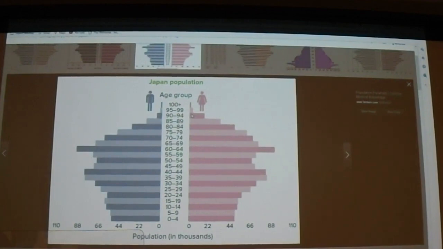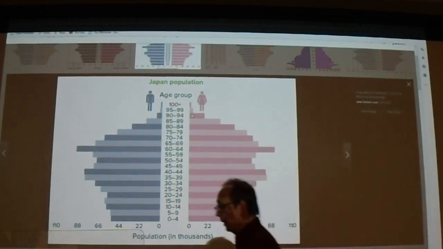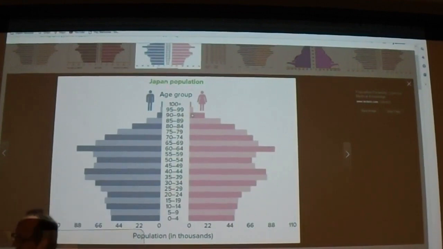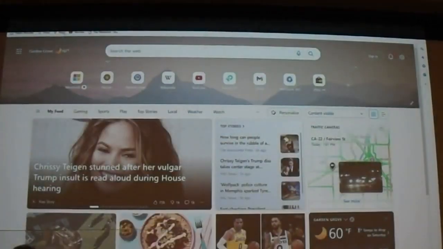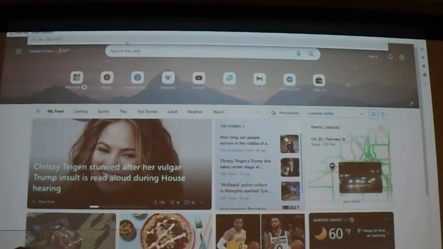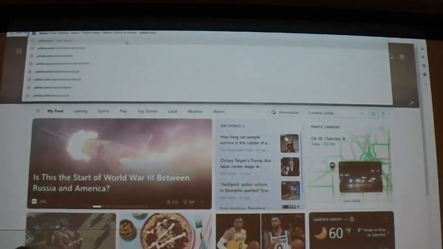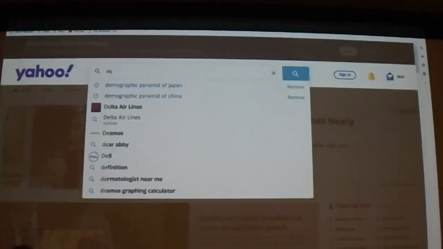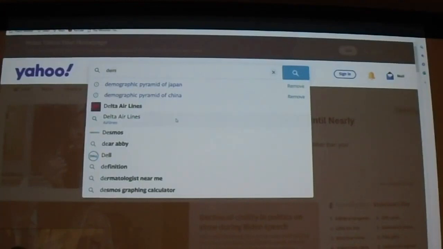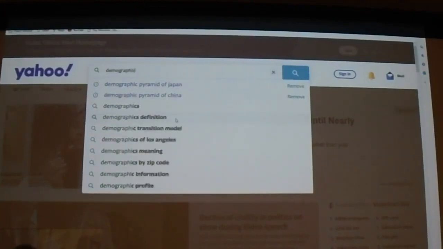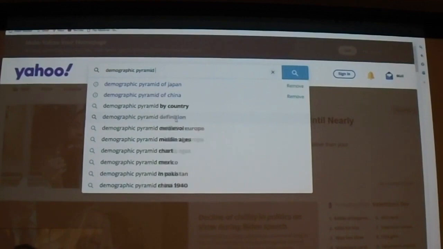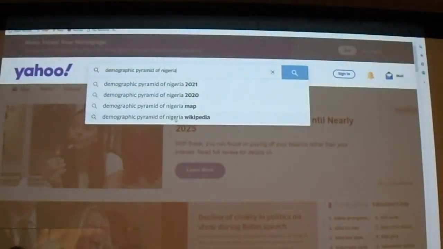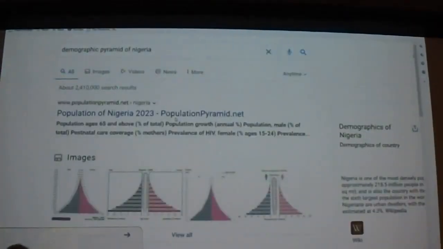Okay, let's look at Nigeria. If I'm not mistaken, they have a pretty healthy demographic pyramid. Okay, there it is.